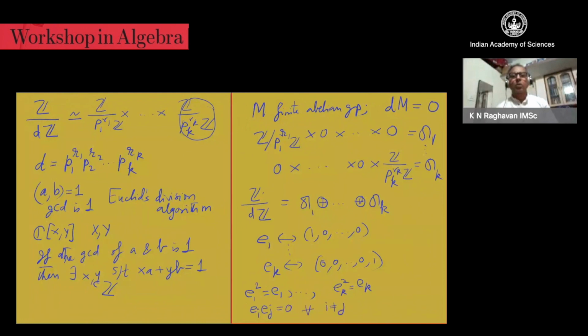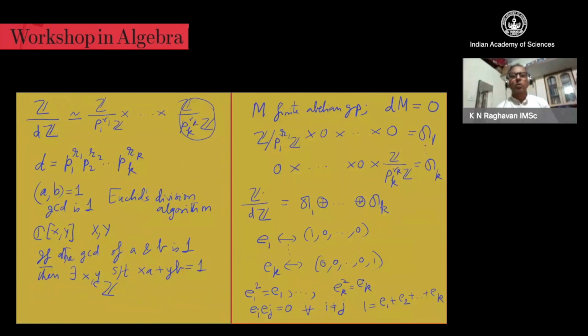And moreover, 1 is equal to e1 plus e2 plus up to ek, because the identity in this ring is just 1 plus 1 plus 1 plus 1. And that should correspond to the identity here, which is 1, because this is a ring homomorphism. Ring homomorphism respects identity.